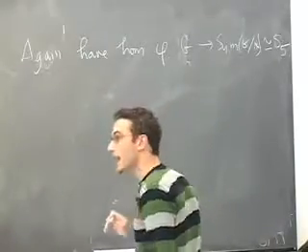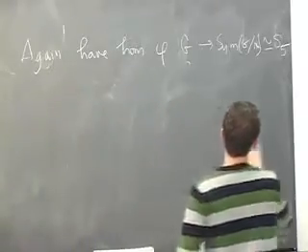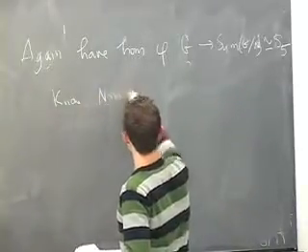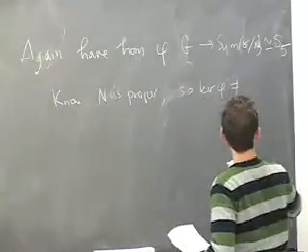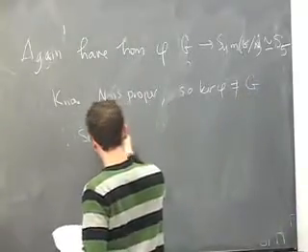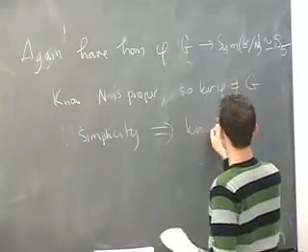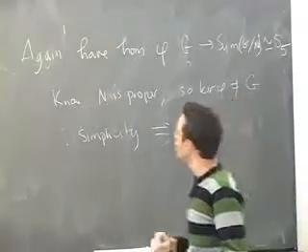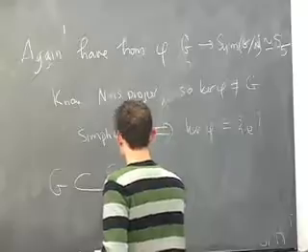And again, same sort of argument over here. Well, we know that N is proper, so the kernel is not all of G. Therefore, by simplicity, we know that the kernel is trivial. And so we think of G as being really a subgroup of the symmetry group here.